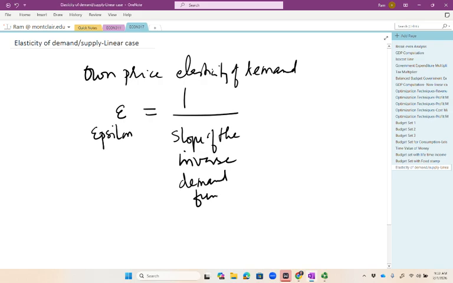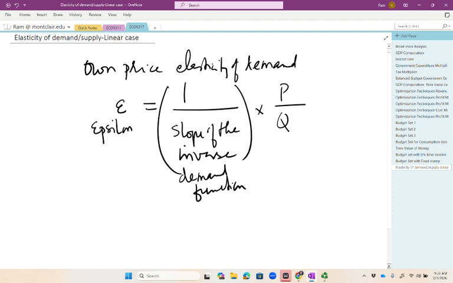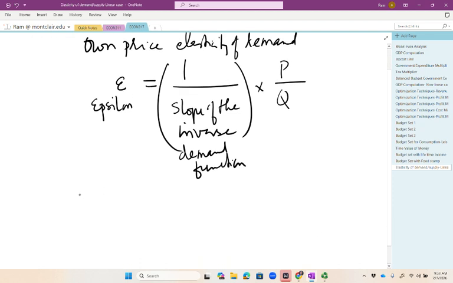That goes into the denominator. So this is first term multiplied by, choose a combination of price and quantity which lies on the given inverse demand function.